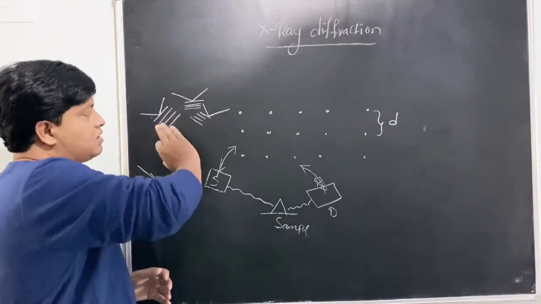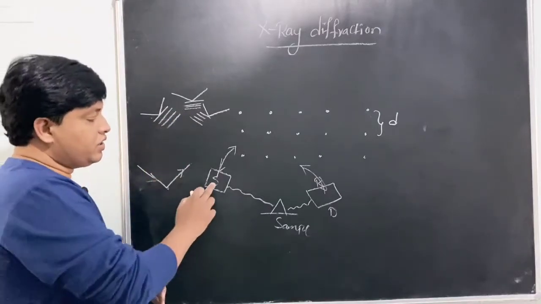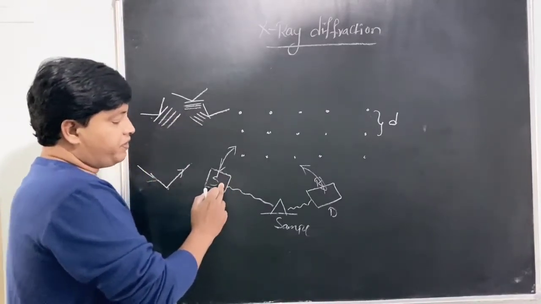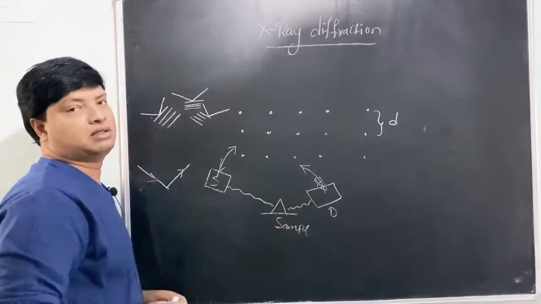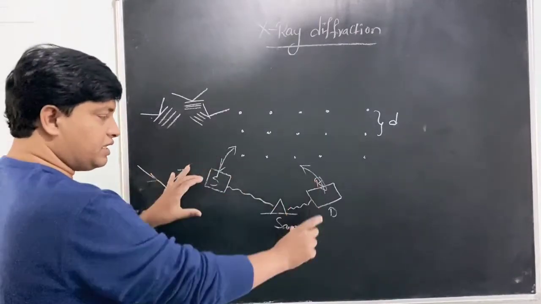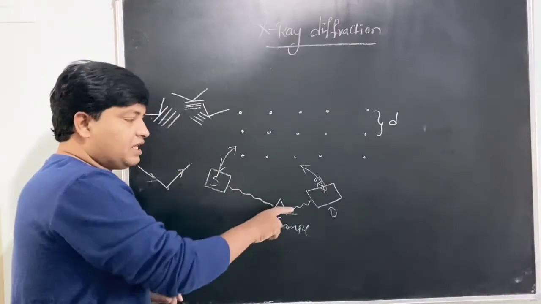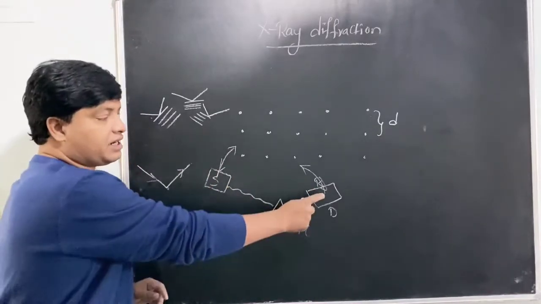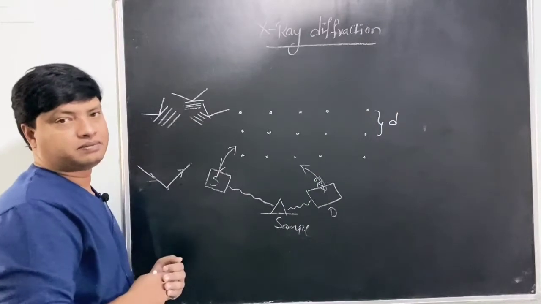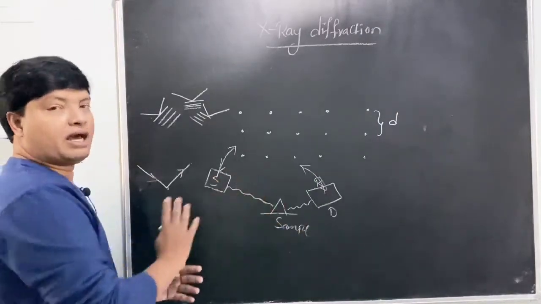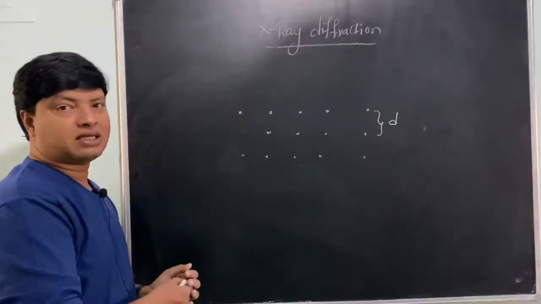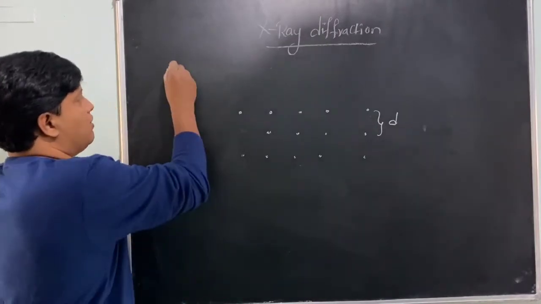The planes are also at different angles, hence you need to rotate your source as well as detector. So both source and detector will project the X-ray at a different angle, and from where they are diffracted, it is collected by the receiver. That is the reason why they are movable. Now how to analyze the crystal? There is a law called Bragg's law.